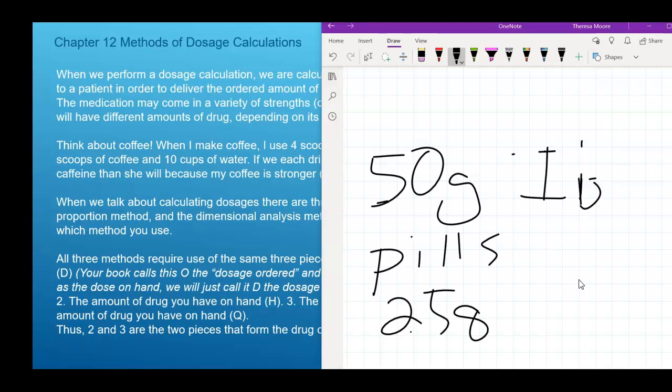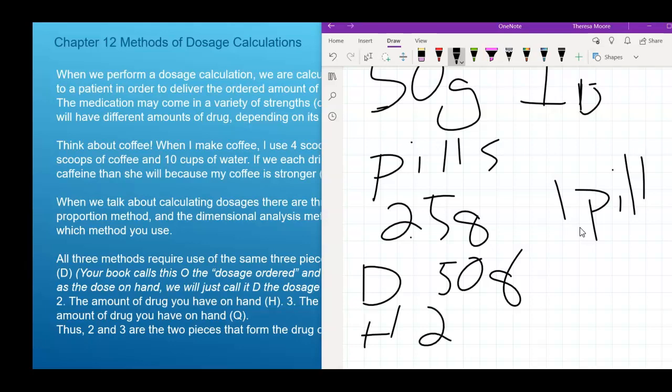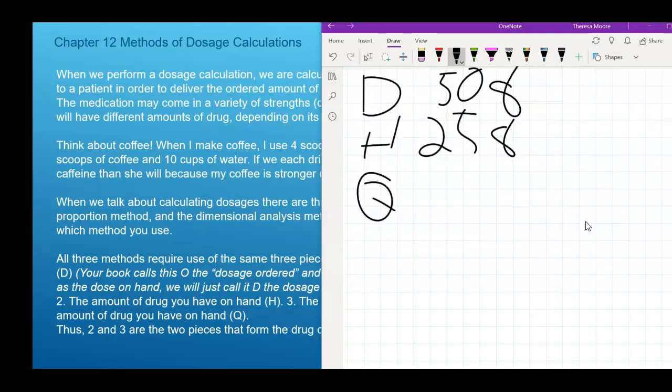So it's 25 grams in one pill. Your D in this case would be 50 grams. That's the amount of drug the doctor ordered. Your H is the amount of drug per specific unit. So you have 25 grams per Q, which is one pill.